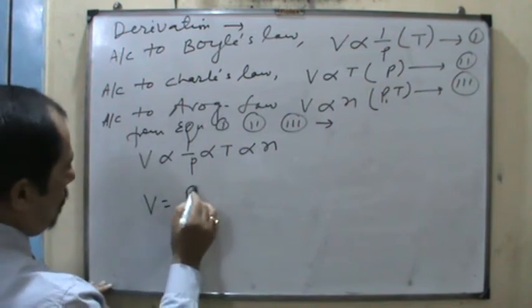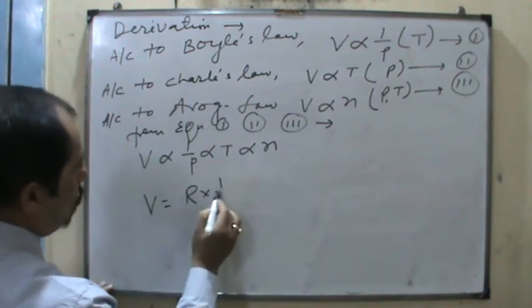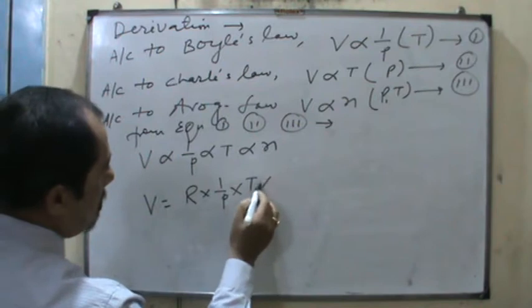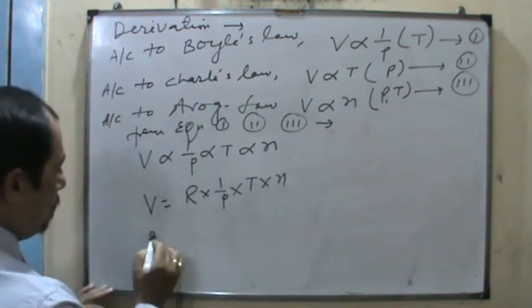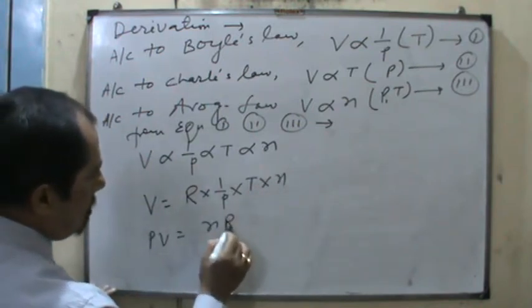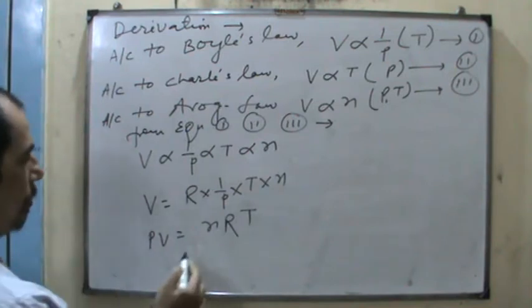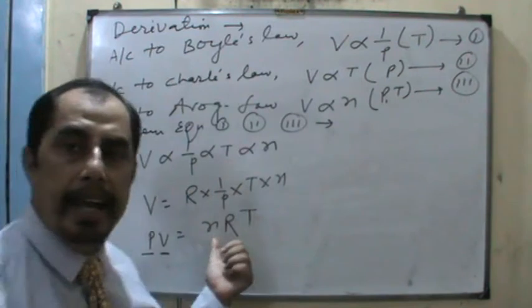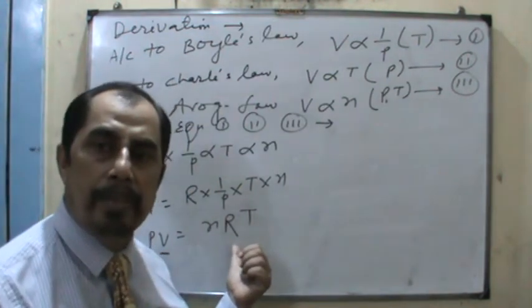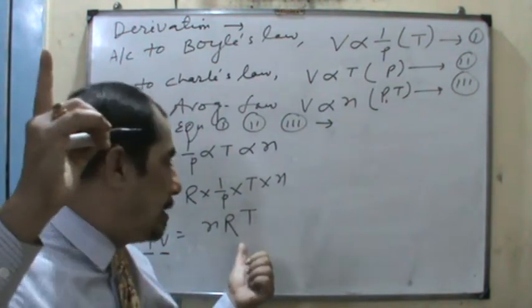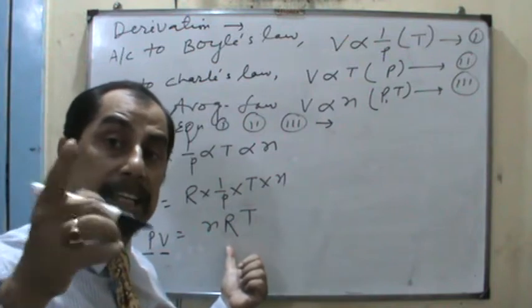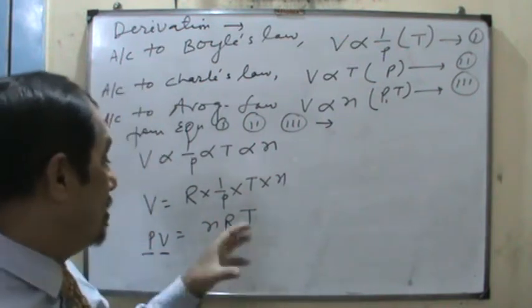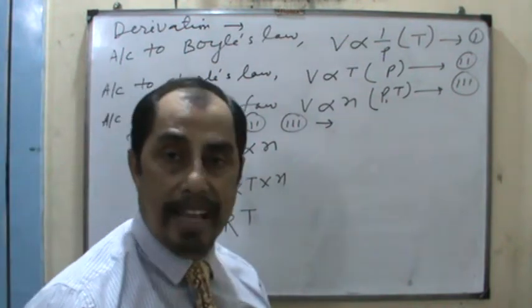So V = R × (1/P) × T × n, or PV = nRT. Here P is the pressure, V is the volume, n is the number of moles of the gas, R is the universal gas constant, and T is the temperature in Kelvin.